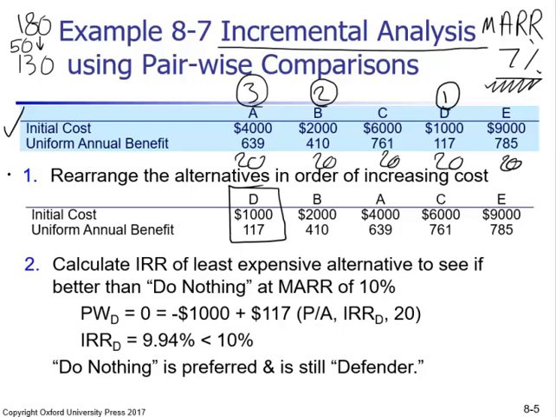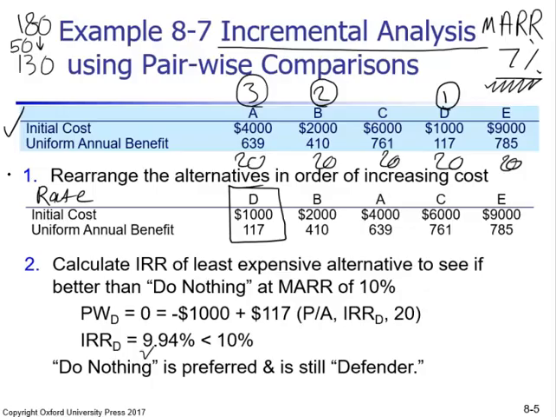Okay, so we start with D, and calculating the rate of return goes with trial and error, but please use Excel, and that's absolutely acceptable, 100%. So it goes and the IRR is calculated as 9.94.